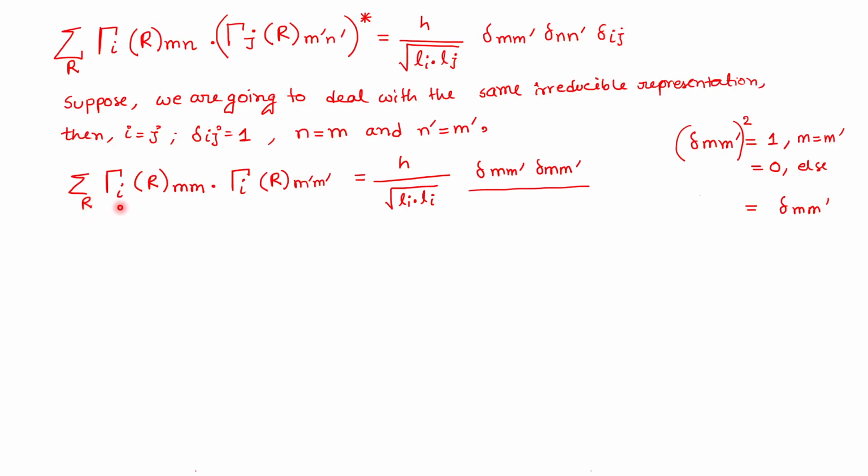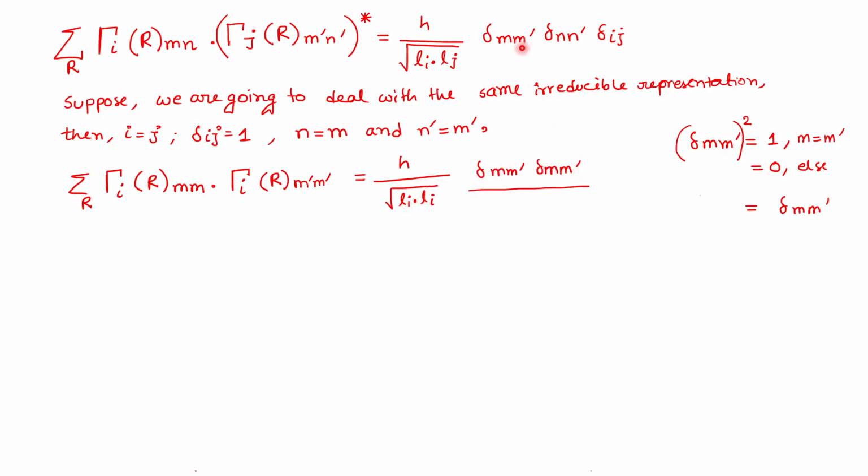It is the sum over r gamma i r mm gamma i r m dash m dash, which is equal to h over the root of li into li, because we are taking the same irreducible representation. So lj has become li. So li times li is li square, and the root of that is going to be li.